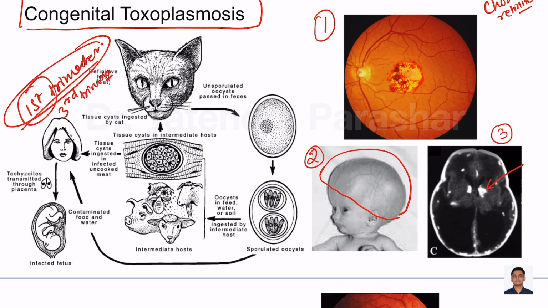Diagnosis can be made by maternal IgM and IgG serology, fetal PCR from the amniotic fluid, postnatal IgM or persistence of IgG.